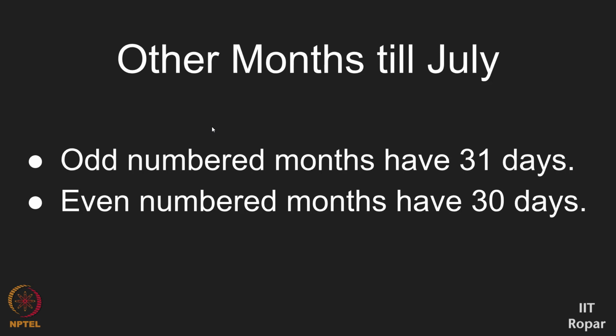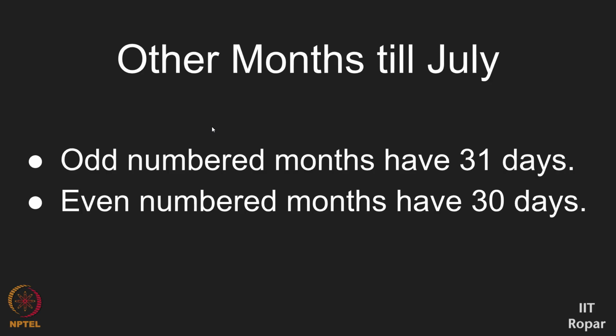January is 1, March is 3, May is 5, they have 31 days. The other months, February we had considered earlier, so don't consider February here. Consider April, June. These months are even numbered. April is month number 4, June is month number 6. These even numbered months have 30 days. This is the pattern observed till July.